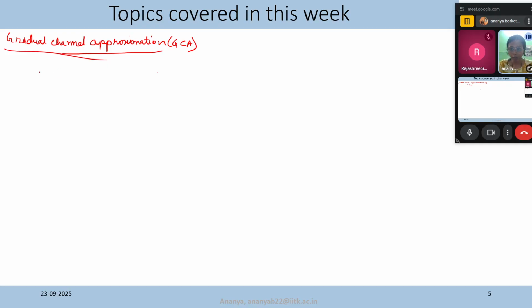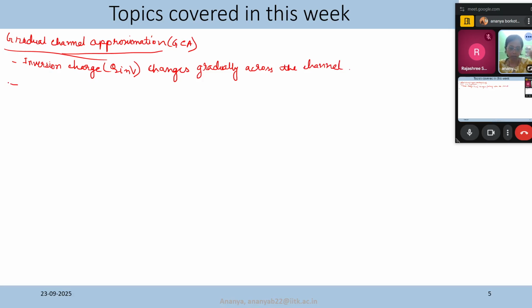Okay, so what this means is the inversion charge, Q inversion, changes gradually across the channel. There are many approximations, many assumptions, but I'm writing the important ones.